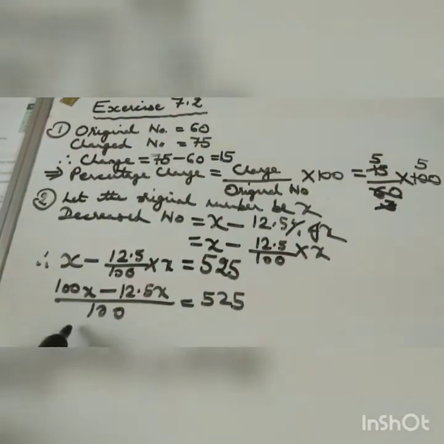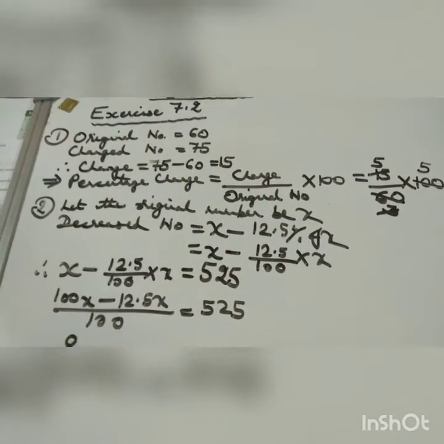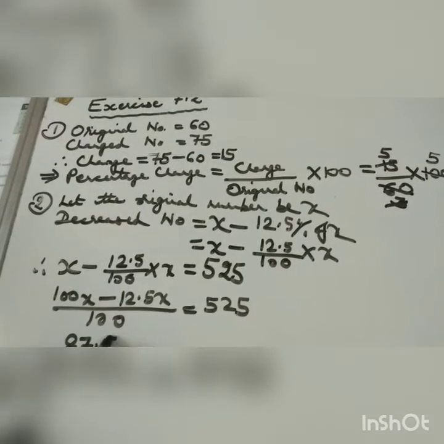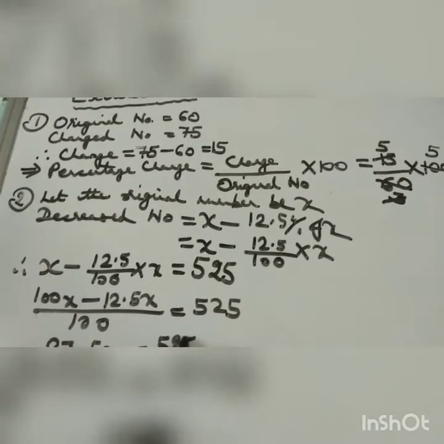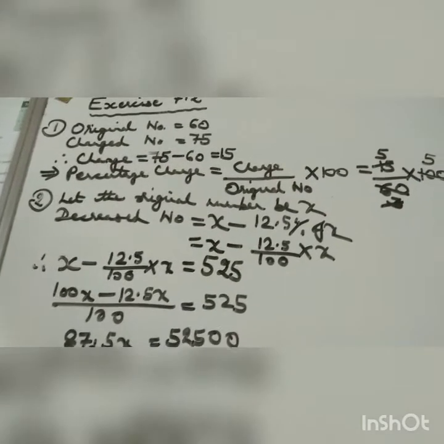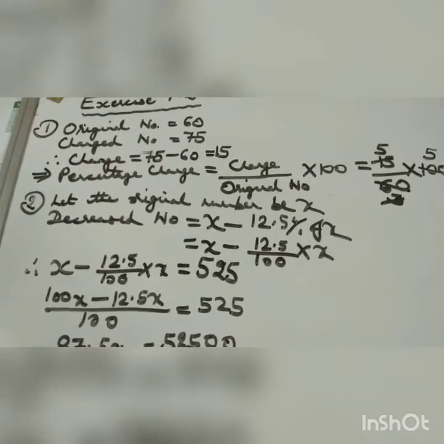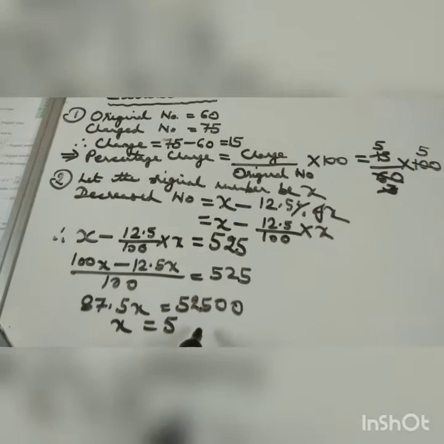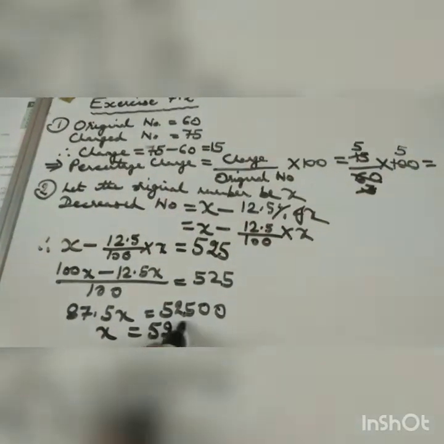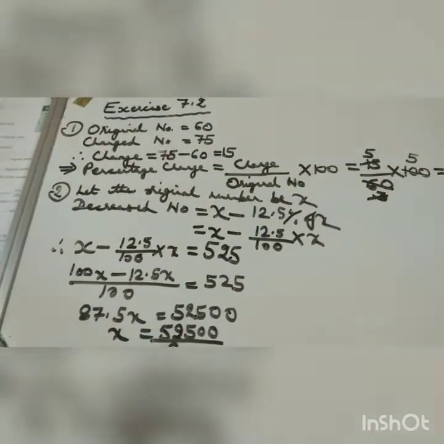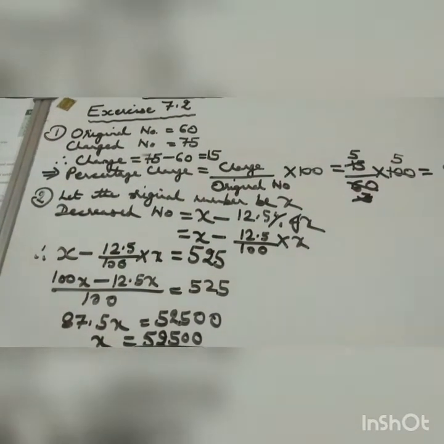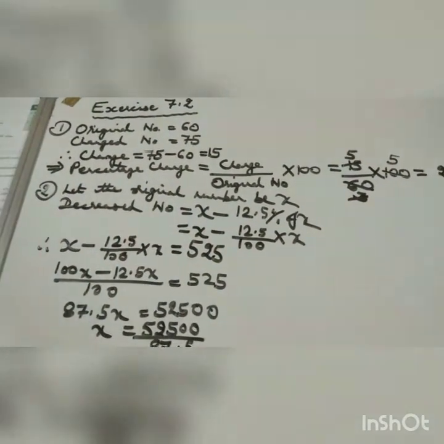Now, what do you get here? It will be 87.5x equals 525 00. Now, x equals 525 00 upon 87.5. Is it okay?